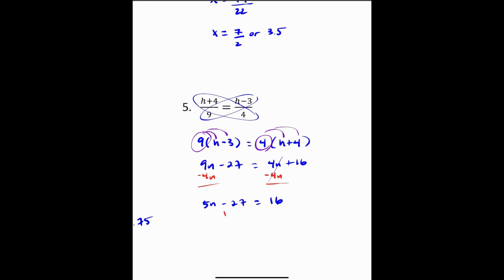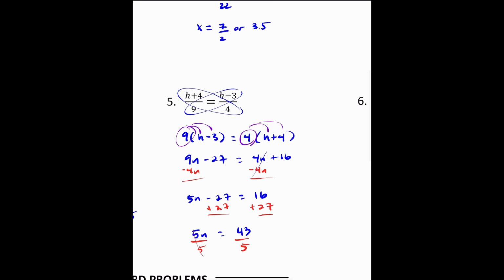So now I'm going to add both sides by 27. I have 5n equals 16 plus 27 is 43. Now I'm going to divide both sides by 5. So I have n equals 43 over 5.